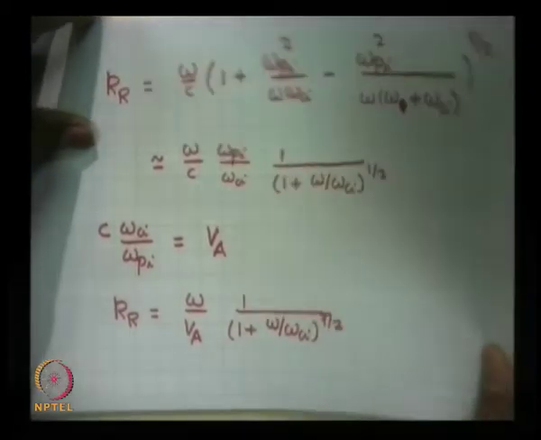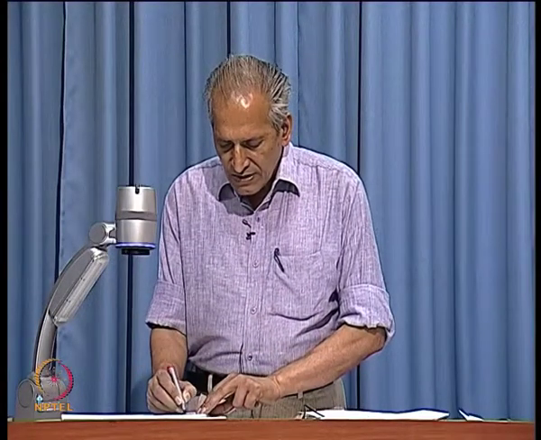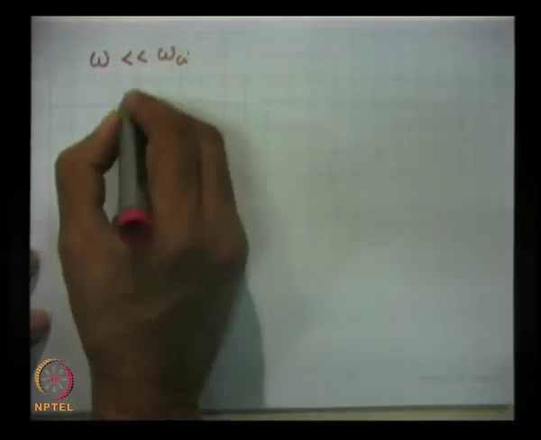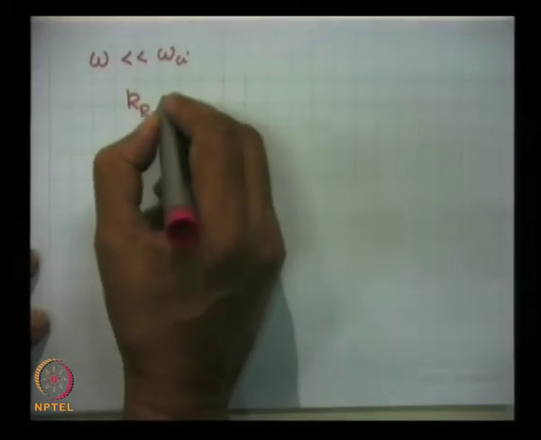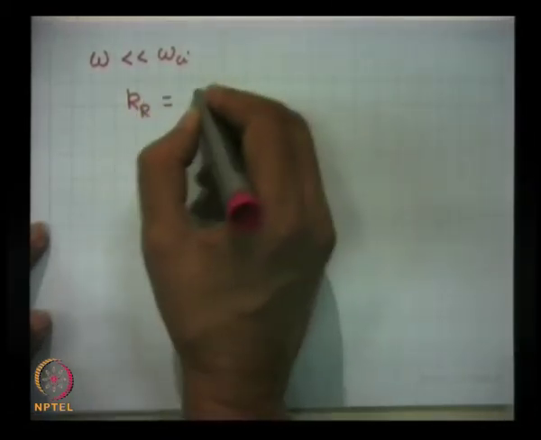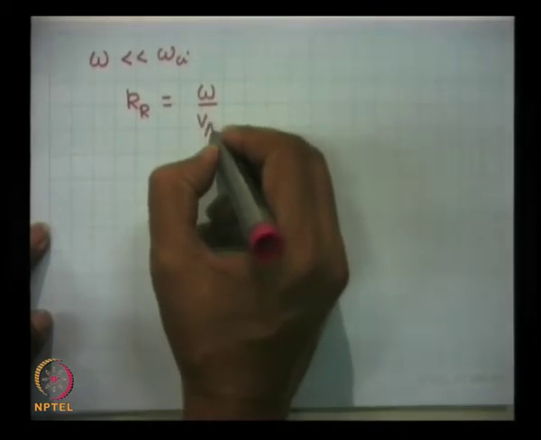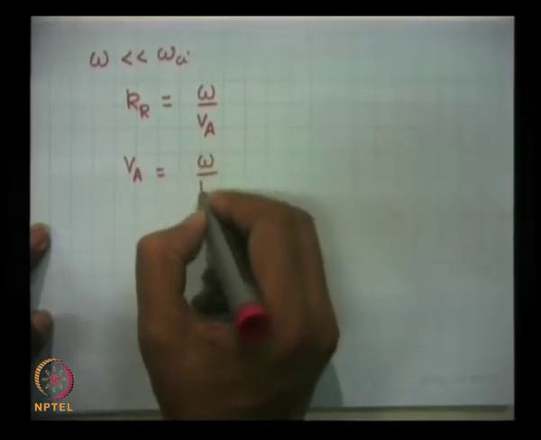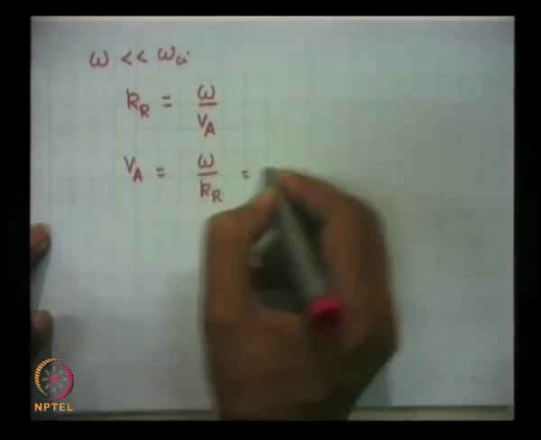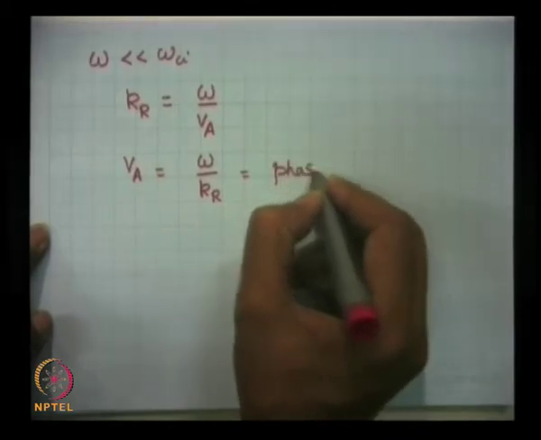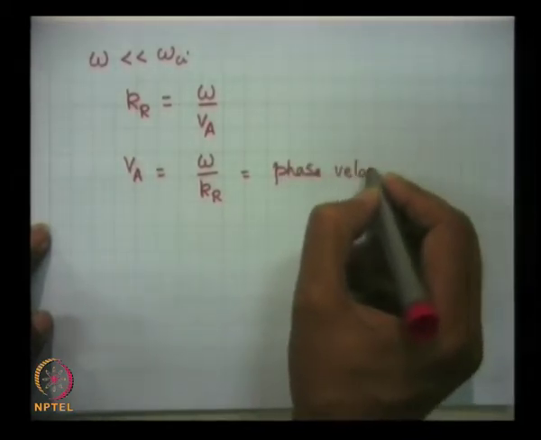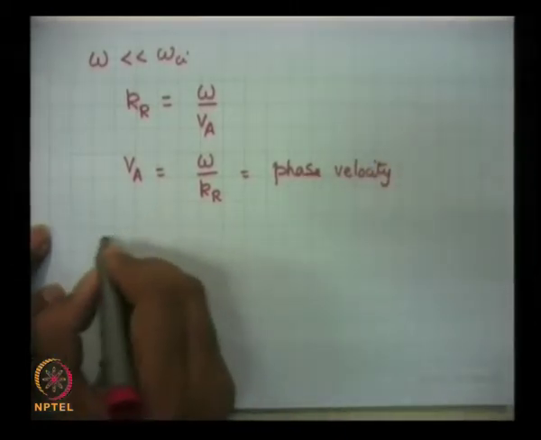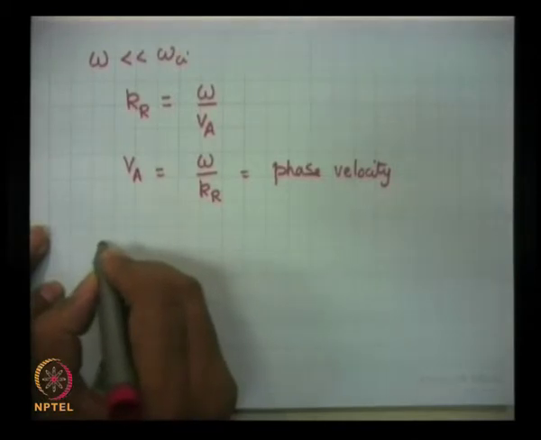Let me explicitly write this: for omega less than omega ci, the propagation constant of the right circularly polarized wave becomes equal to omega upon v Alfven. So v Alfven is equal to omega by kr, which is called the phase velocity of the wave. However, if the frequency is not much less than omega ci, then kr is no longer this.